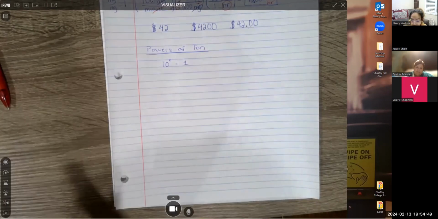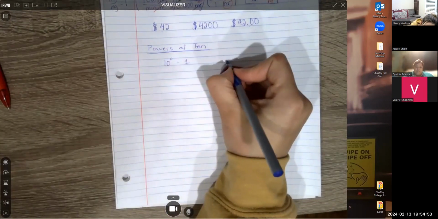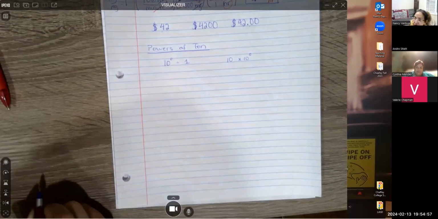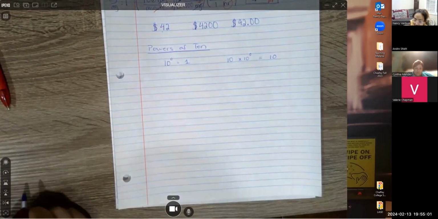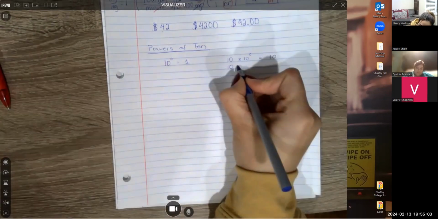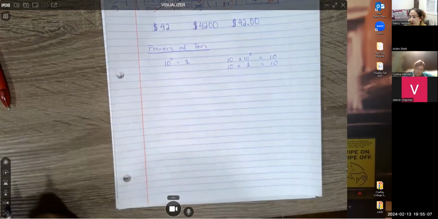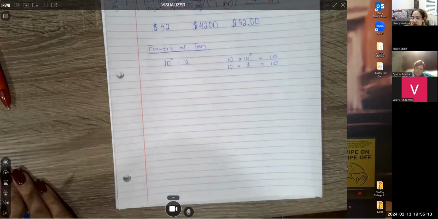Actually, it's 1. So if it was 10 times 10 to the 0, then the answer would be 10, because this is 10 times 1, and that gives you 10. So it's just a common thing to see.